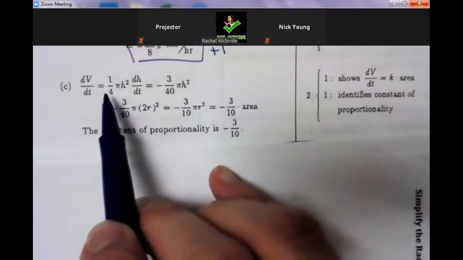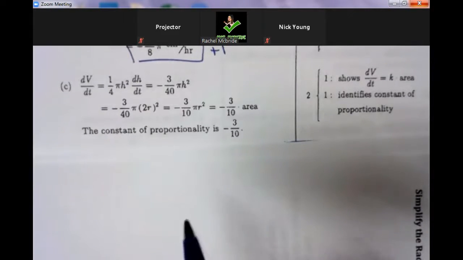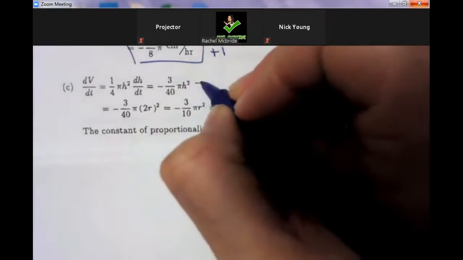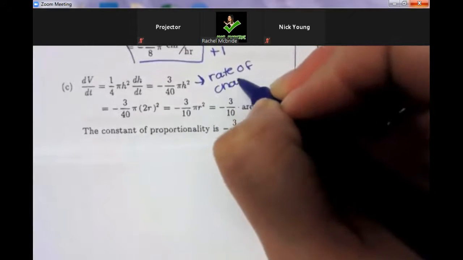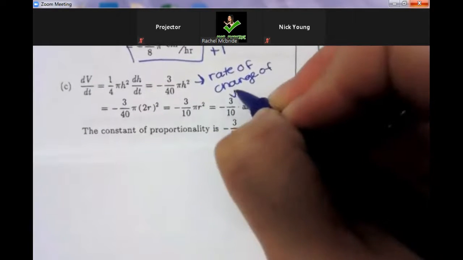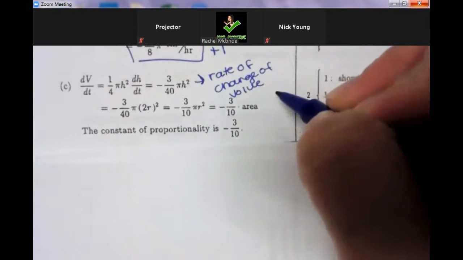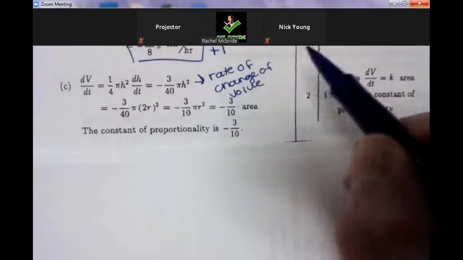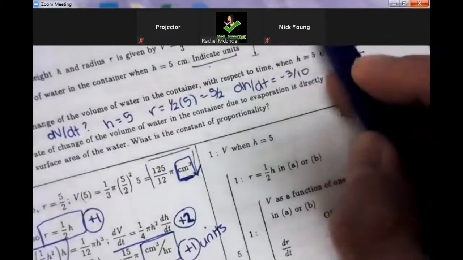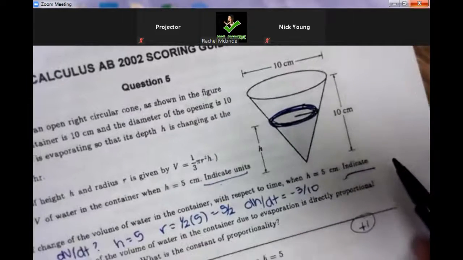Now, we also know that the derivative of volume is surface area. So this right here represents the rate of change of volume, but it also represents my surface area. In order to get to the surface area, we're talking about the top area of that cone.